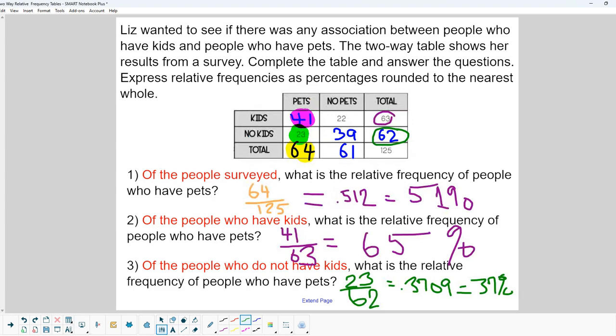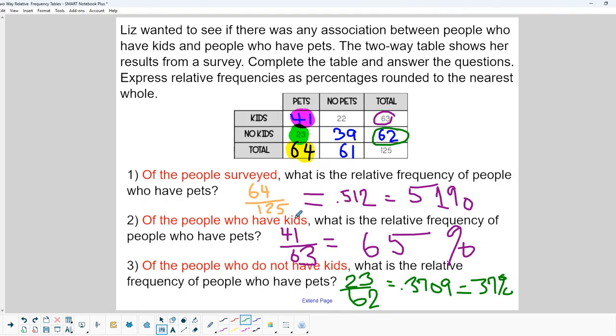And then we're going to use these numbers to help us answer these last three questions. The first one was, of the people surveyed, what is the relative frequency of people who have pets? So in the pet column, we have 64 people, and the total number of people surveyed was 125. So 64 divided by 125 is 0.512, which, when we round to the nearest whole percent, is 51%.